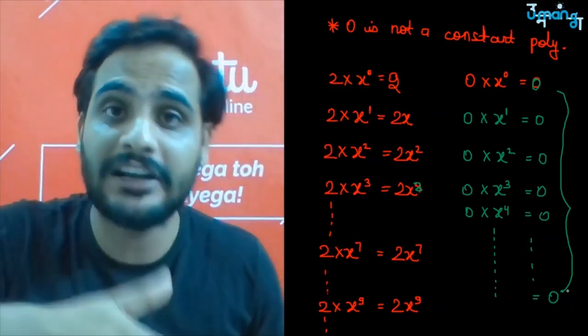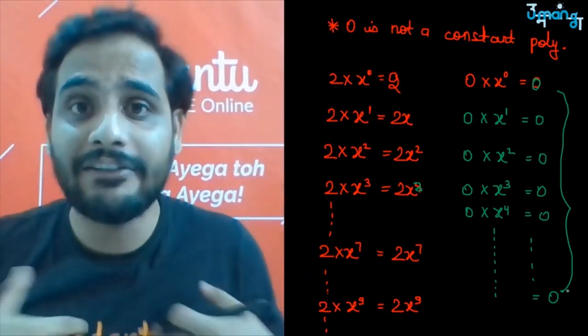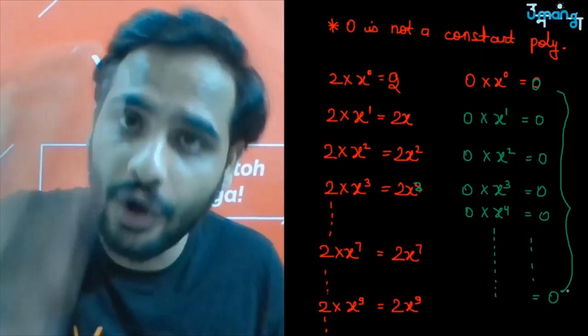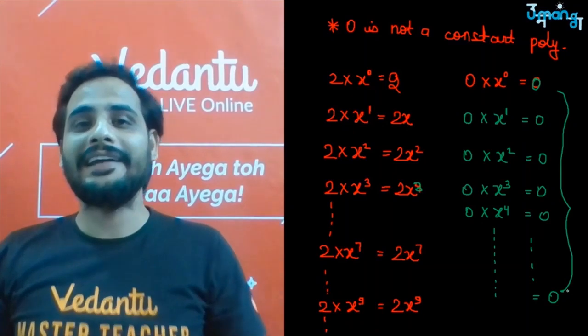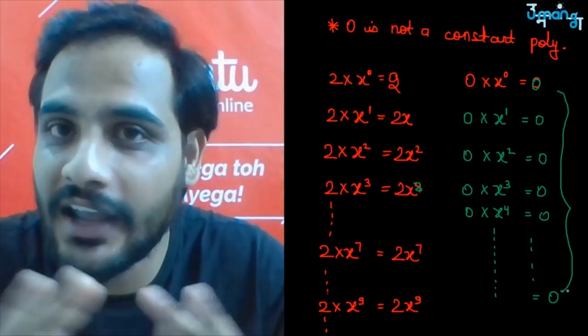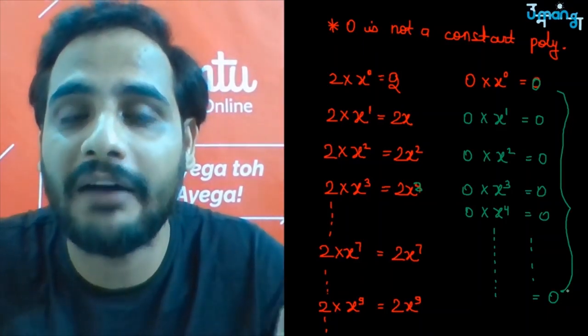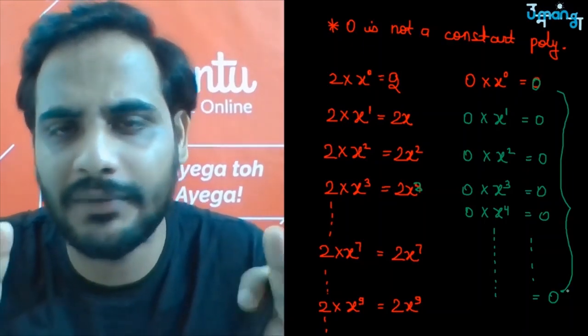Some of you will tell me you are multiplying with x raised to the power 1000 and so on. And I will say all of you are correct, because in all the cases my answer is 0. So here is the problem. With 0 we cannot identify what power of the variable we are multiplying, but with all the other numbers it is possible to identify.